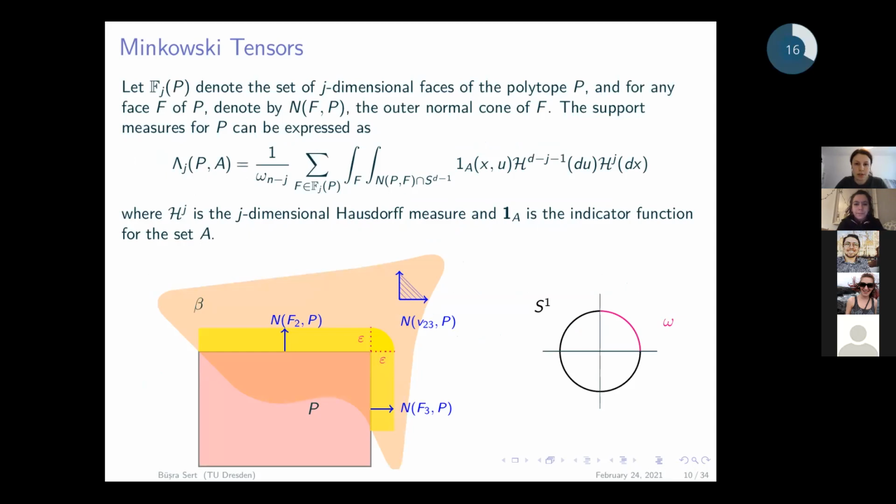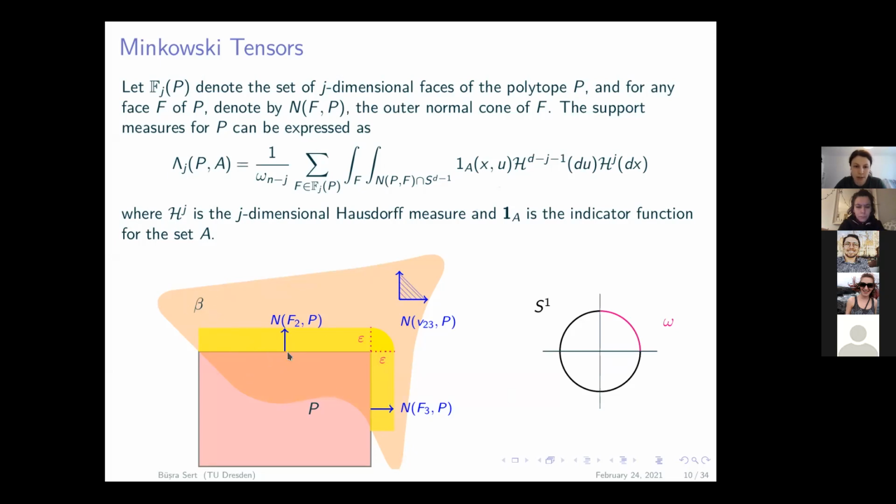We are especially interested in the case where we have polytopes. Let's see how those support measures look when we have a polytope. What we want, for example, when we consider a face of a polytope, let's say the facets, is that the volume is only non-zero when we are in this area beta we chose.